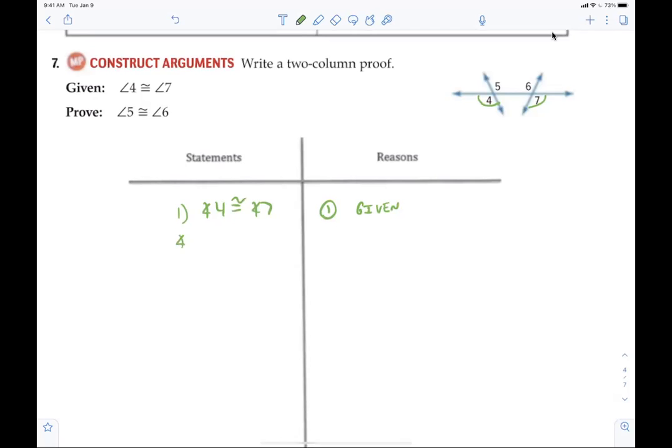Angle 4 is congruent to angle 5. We just say vertical angle theorem. So now what? Angle 6 is congruent to angle 7, same vertical angle theorem. I just don't think that's that difficult.